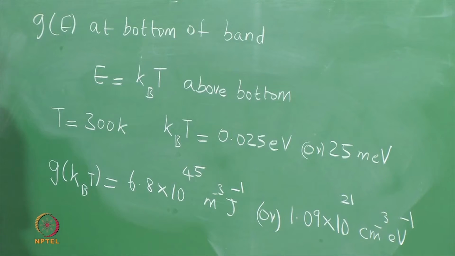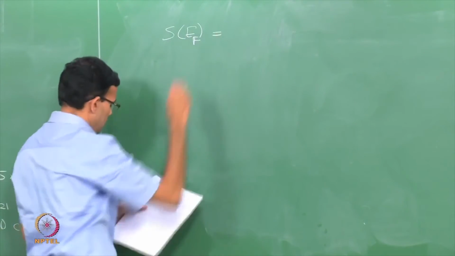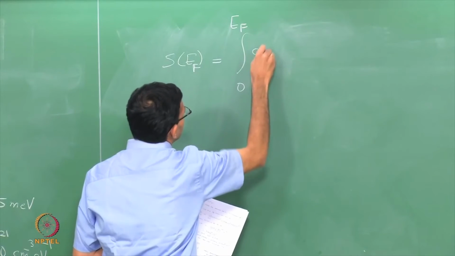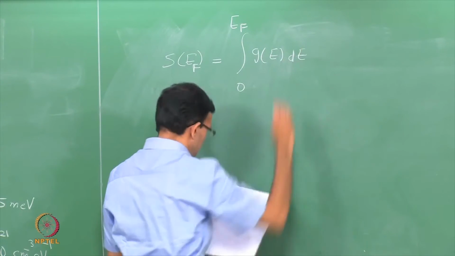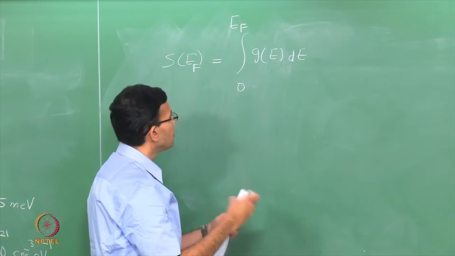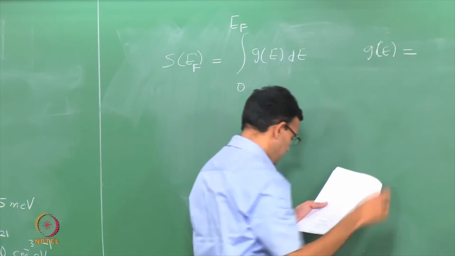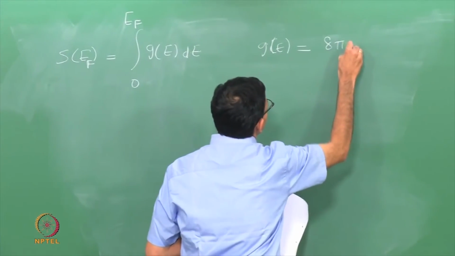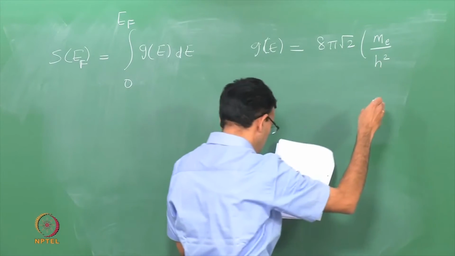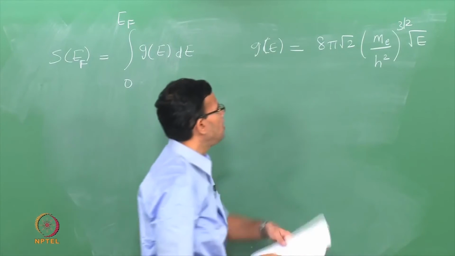To do that, the number of states from the bottom of the band to the top of the band is nothing but an integration of the density of states. So we will use the expression for G of E. All these terms are constant.